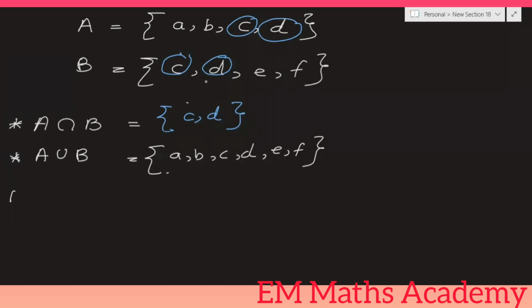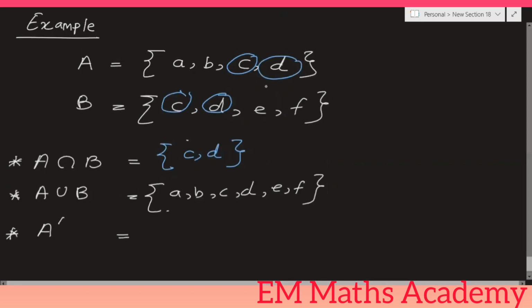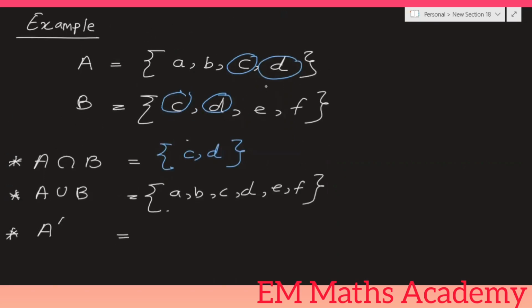Now when A complement is given, A complement is the elements which are not included in the set A. For that, the universal set must be given. What is the universal set?